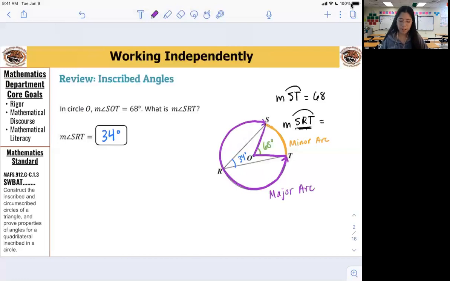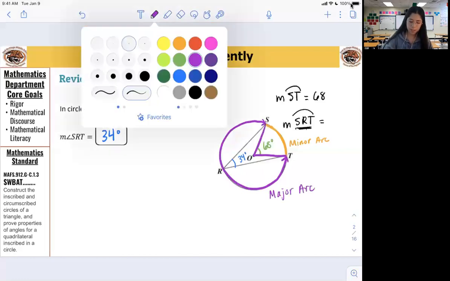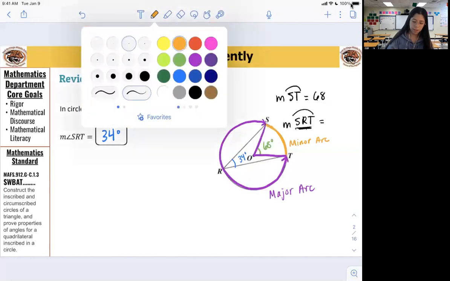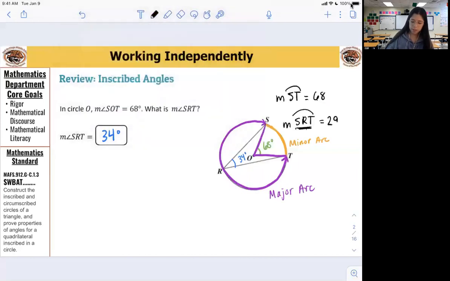But now let's think about it. If the minor arc was 68 degrees, what would be the major arc? Jalen agrees that it's 292. Perla agrees. Good. So what did you guys do to get 292? Good. Subtract it from 360.